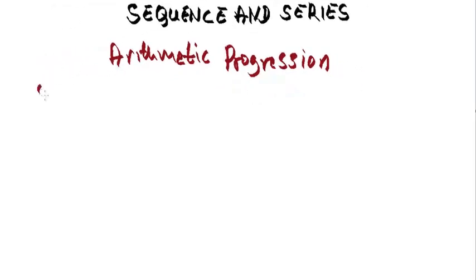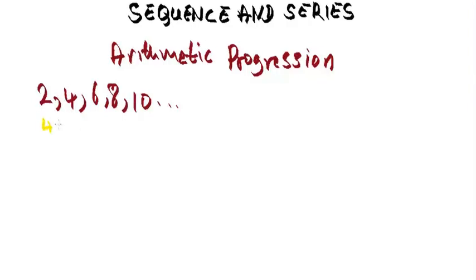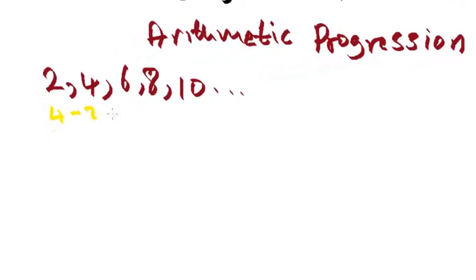The sequence 2, 4, 6, 8, 10 is a linear sequence because it has a common difference. We can see that the difference between the terms is the same. We have 4 minus 2 to be 2.